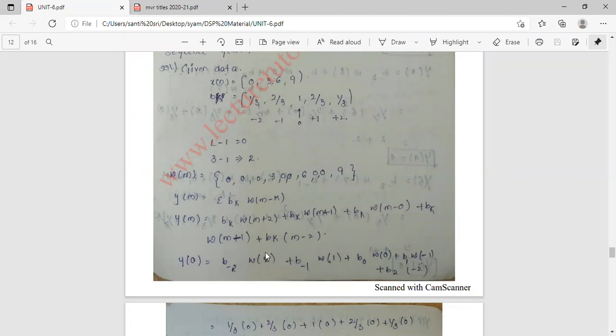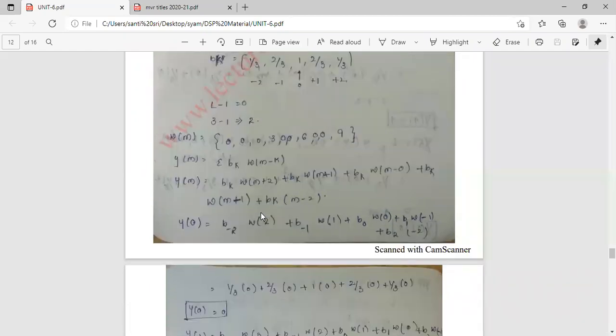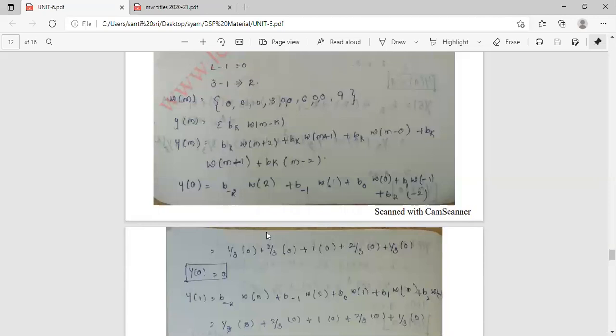So here w of 2 value is 0. w of 1 value is 0. w of 0 is 0. w of minus 1 is also 0. w of minus 2 value is also 0. So all are zeros, so that y of 0 will get 0.